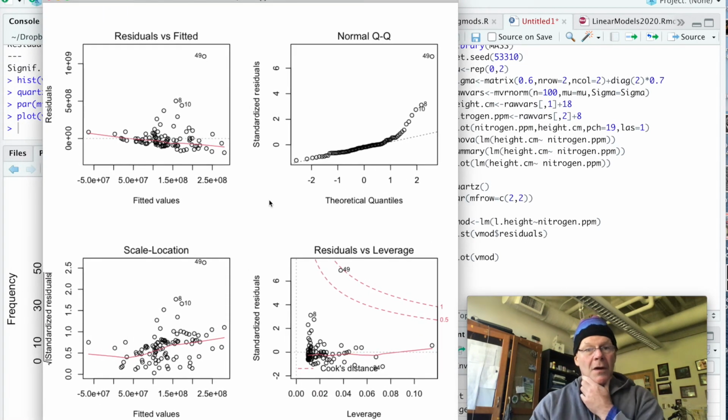Well, now you can see, looking at the residuals and fitted, that there's clearly a problem here, right? There's a pattern where the residuals are getting a lot larger as we increase our fitted values. That is definitely a pattern. That should concern us.